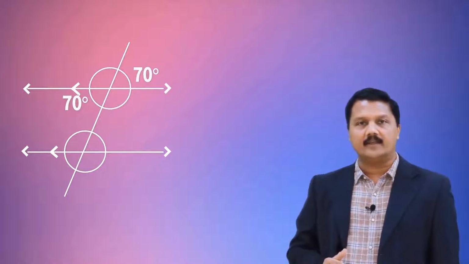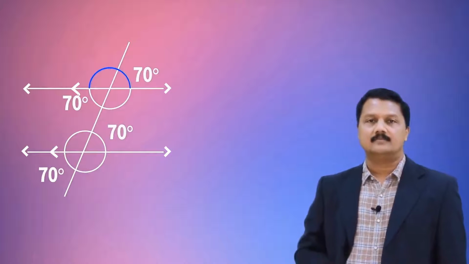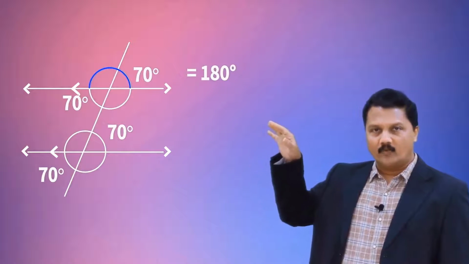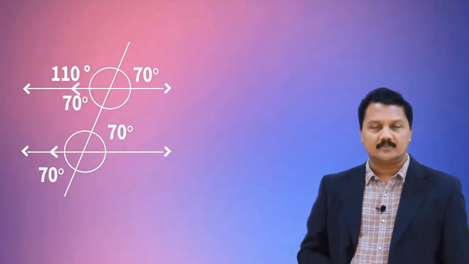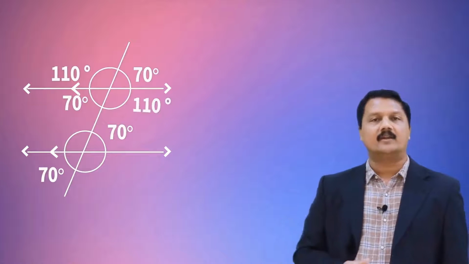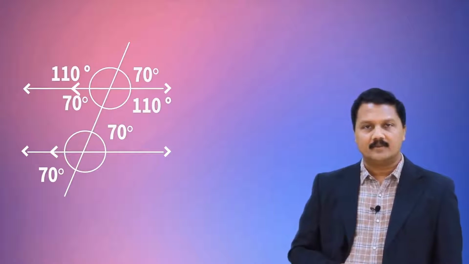Then there are corresponding angles, again 70. Then consider the angles in a line. They make 180 degrees. So 180 minus 70, which is 110. So its opposite also will be 110. Likewise, we can find all the angles in this figure.